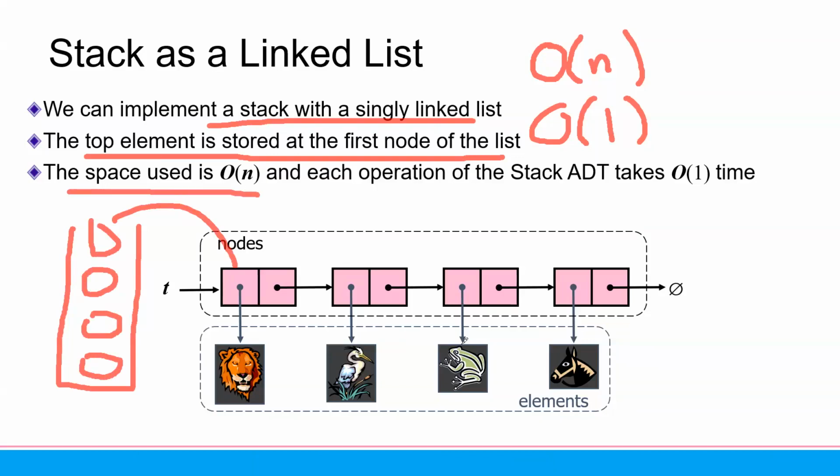The space, of course, is O(n), and each operation of the stack ADT takes O(1). So the first element is in the first node, the next element is in the second, the next element is in the third, and so on.